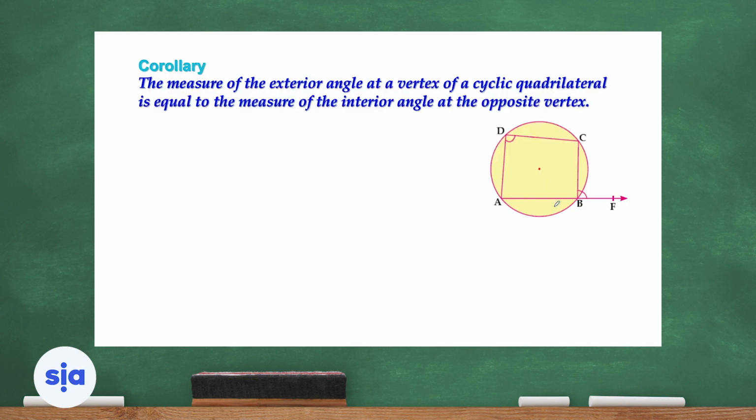Let's move on to one of the corollaries. The corollary says the measure of the exterior angle at a vertex of a cyclic quadrilateral is equal to the measure of the interior angle at the opposite vertex.